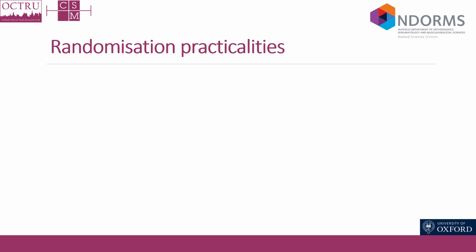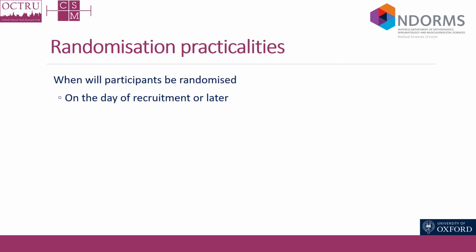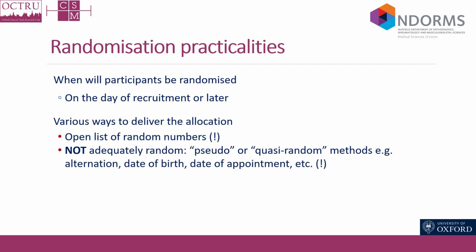In addition to generating the treatment allocation lists that we've reviewed, there are other practical aspects in randomization that need to be considered. Simply asking the question, when will the participant be randomized? Will this be on the day they are screened for recruitment or for practical reasons at a later stage? And there are different ways to deliver the allocation, some which are encouraged and others less.